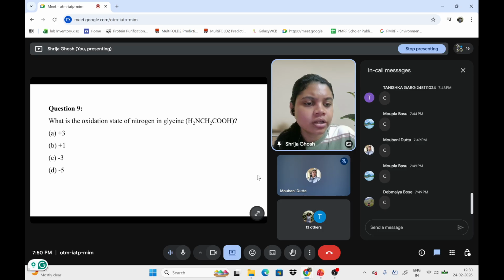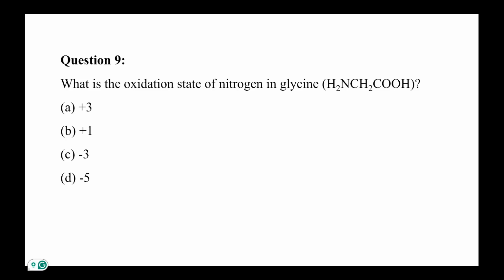Do others also agree with option C, or they just don't want to answer anything, or they don't know? Come on. Everyone write your answers in the chat box quickly. What is the oxidation state of nitrogen in glycine?